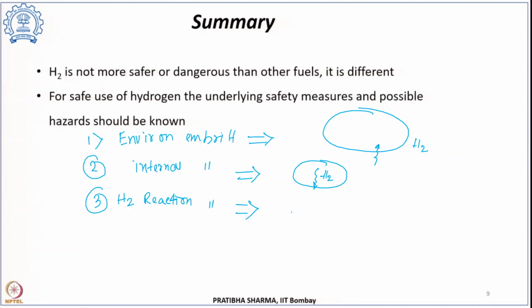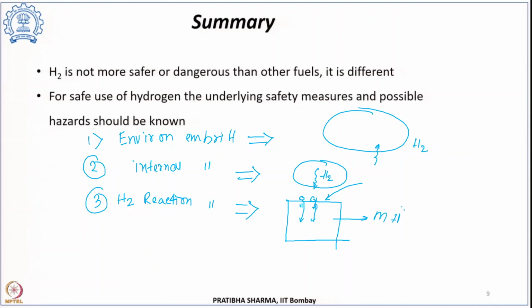You have studied the metal hydride concept. You know that this is the metal, and hydrogen will come to the surface of the metal, then split into hydrogen atoms, H and H. This H will be entrapped inside the metal, and this H will bond with the metal and form metal hydride.